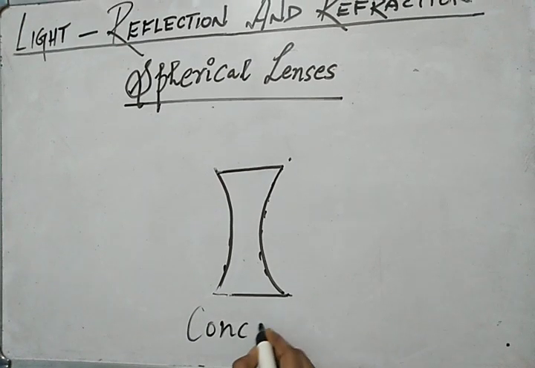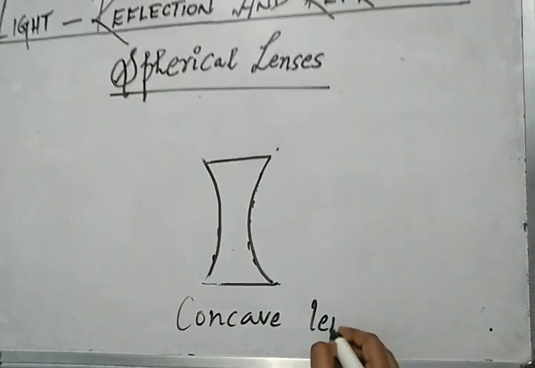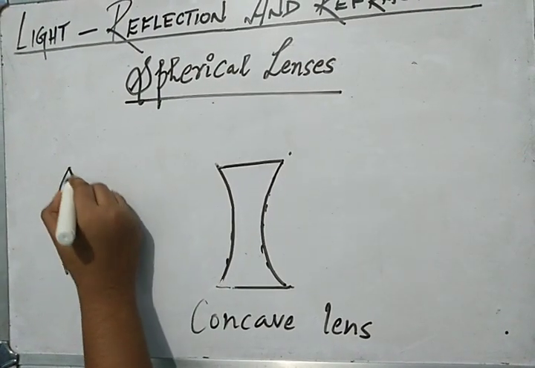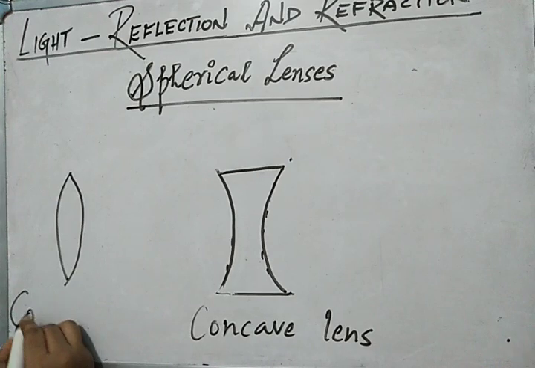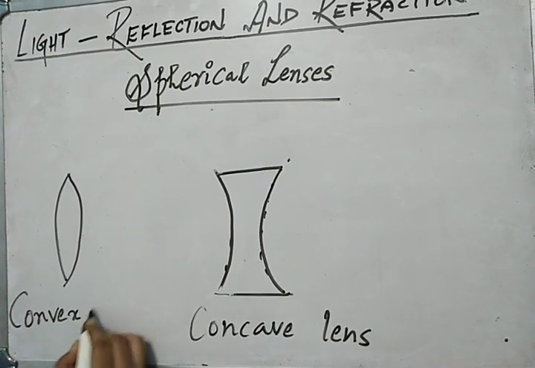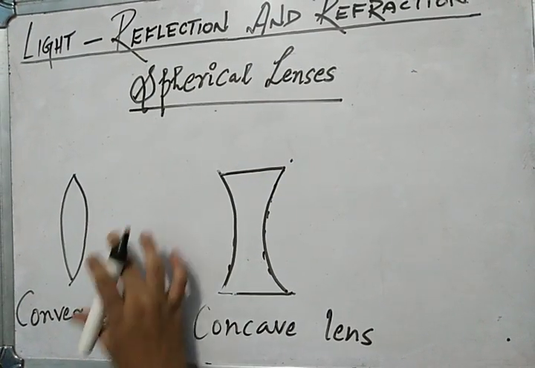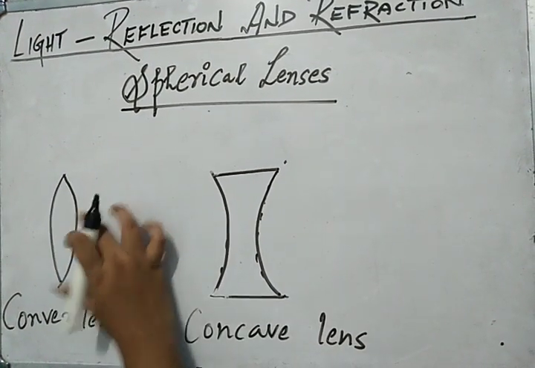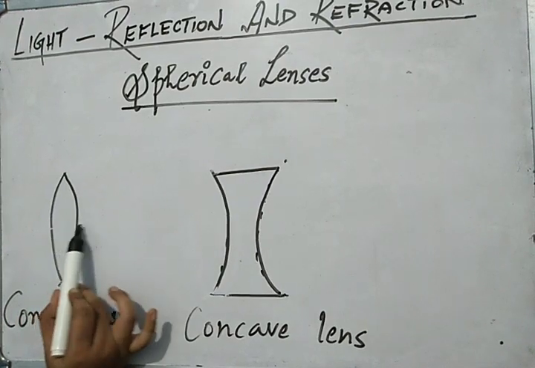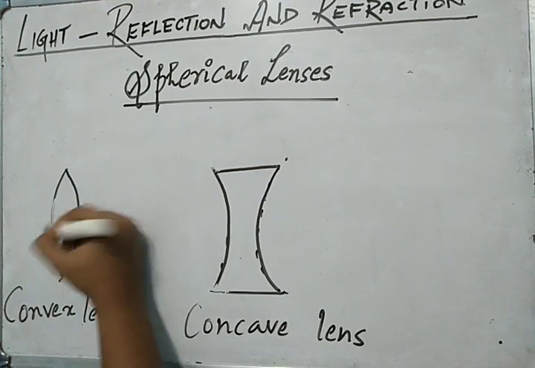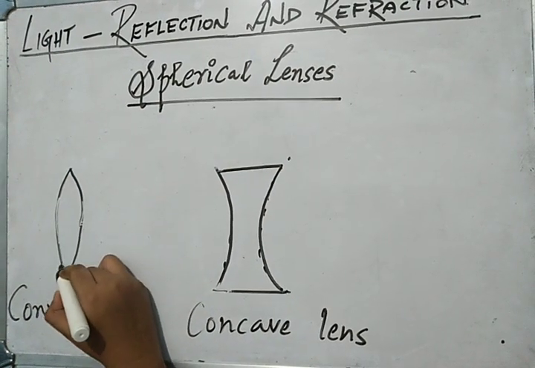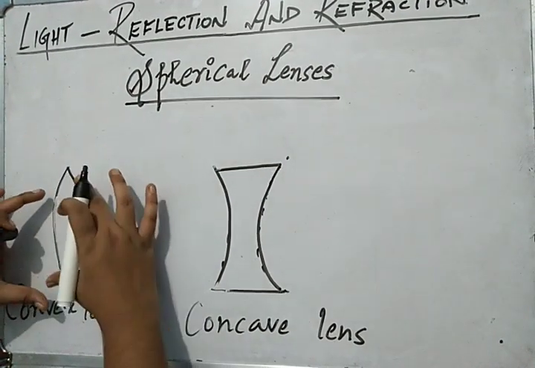Here, let me show you the convex lens. Convex lens was like this. Convex lens, or converging lens. Here, diverging lens. A convex lens is thicker in the middle, and it becomes thinner and thinner at the ends.